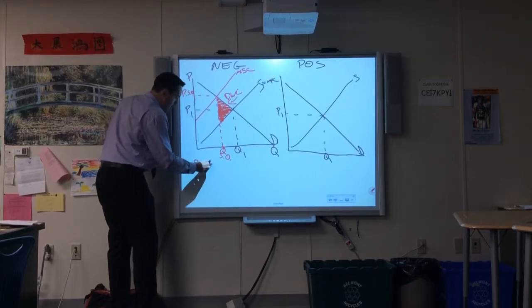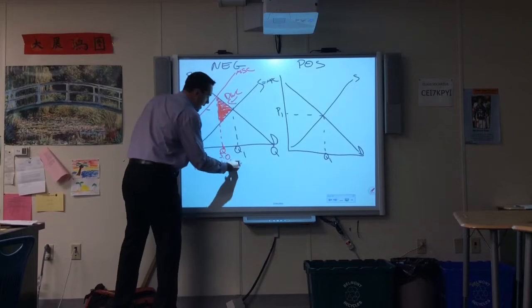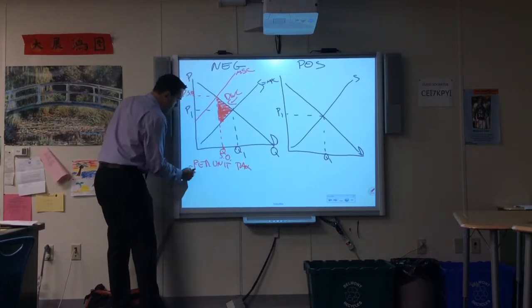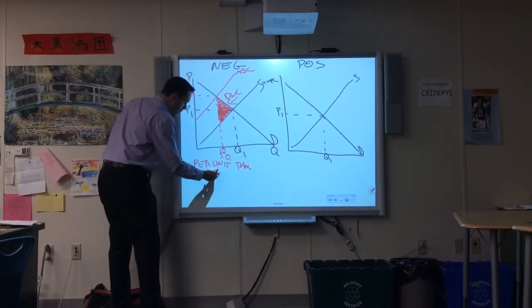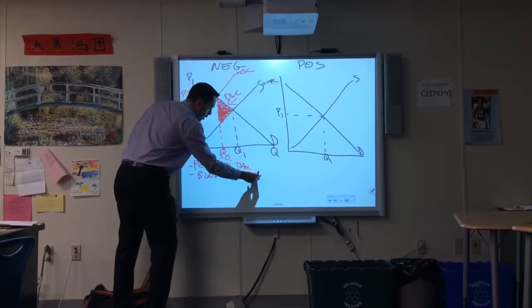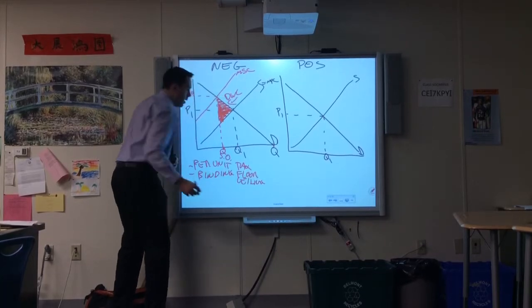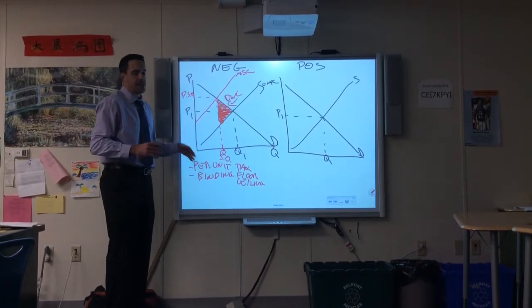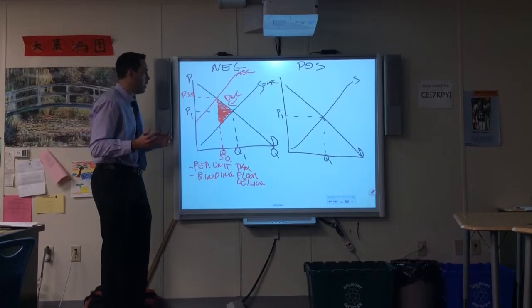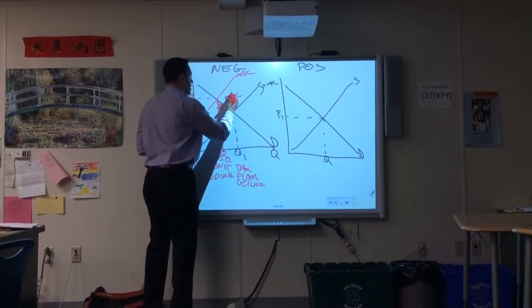I can do a per unit, also known as a Pigovian tax. I can do a binding floor or a binding ceiling. Now, why a Pigovian tax, or per unit tax, is better is because we're saying this is the cost to society.